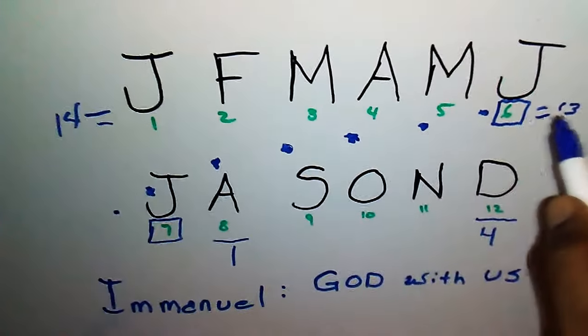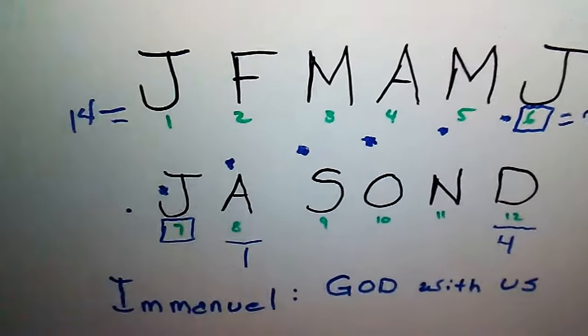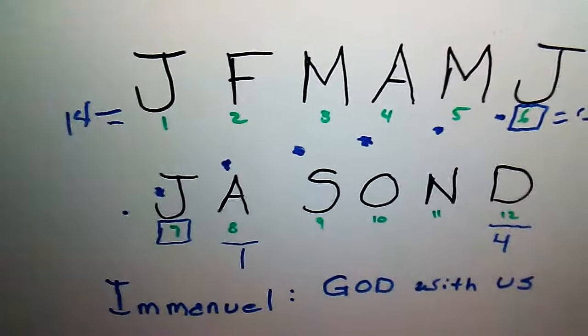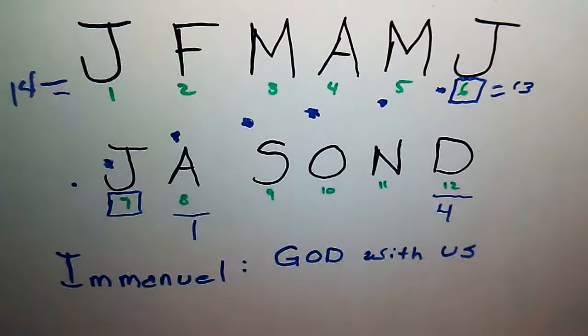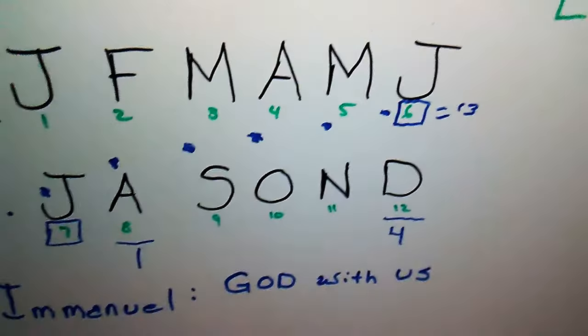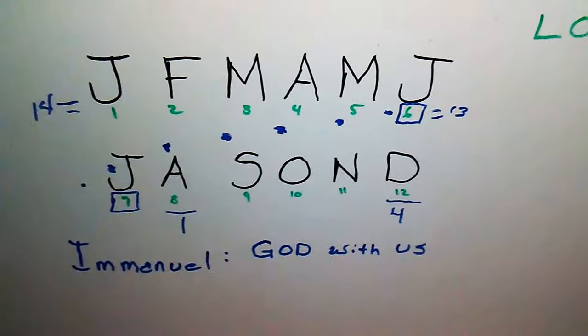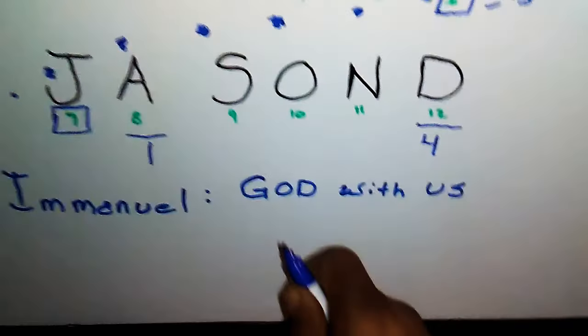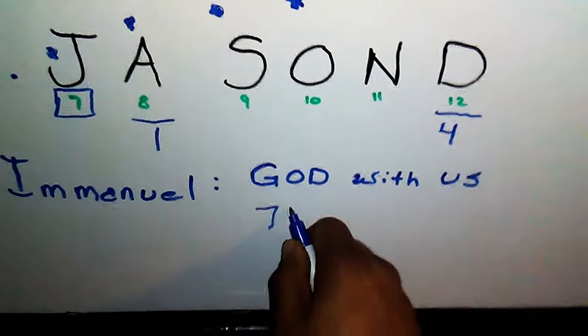So 7 plus 6 is 13 plus 1, J to J to J. And it's showing a star, right? Because 1 plus 4 is 5. And I already showed you what time I was born, the time I was born is 7:40.